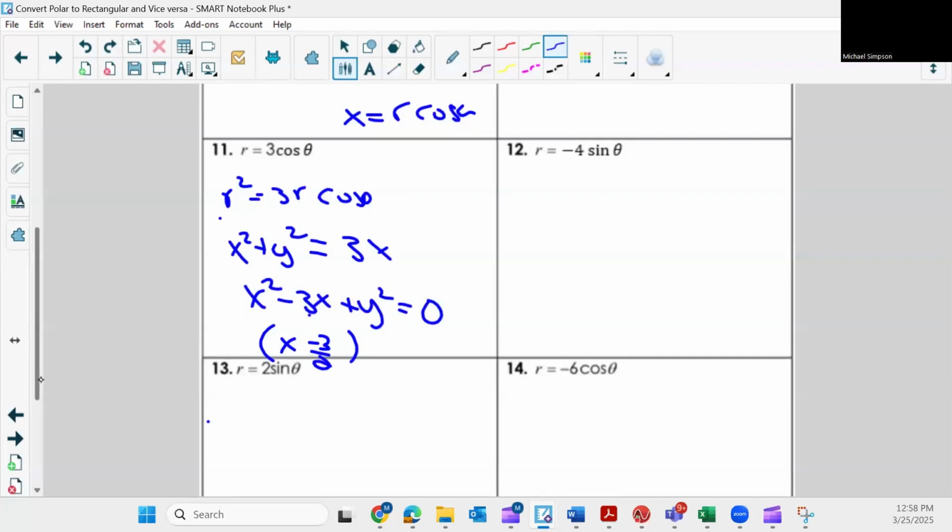And then what we do with the 3 over 2? We square it and add it over here. That gives you 9/4 plus y squared. So you divide the b value by 2.